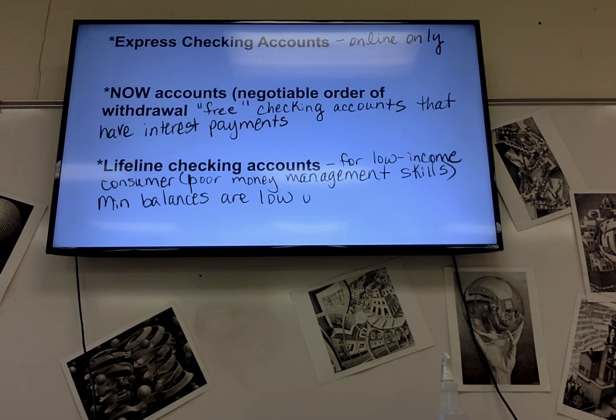And occasionally there's not one. They could be non-existent. But again, you have a list of rules that you have to follow with a Lifeline checking account. And if you don't follow these rules, they usually just cut off your checking account and tell you, hey, you can come get your money. We're not giving you a checking account anymore.